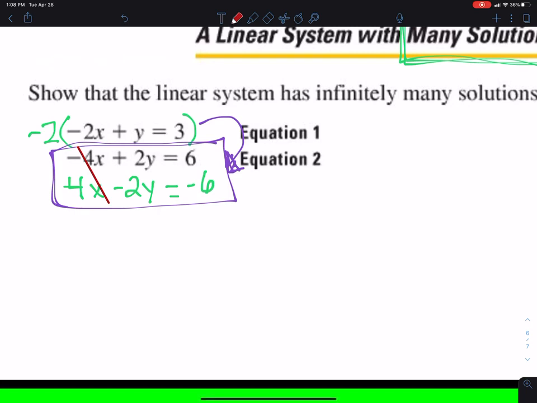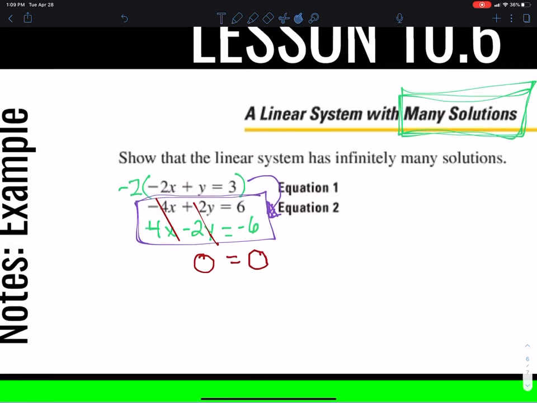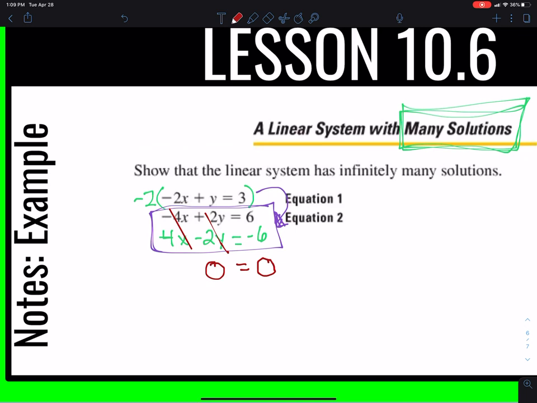Positive 2y minus 2y simplifies out. So on the left side, we're left with 0. Bring down our equals. Now we have 6 minus 6. That also equals 0. What do you notice? They both equal 0. Both sides simplify to 0. So since 0 does equal 0, that means this linear system has many solutions.